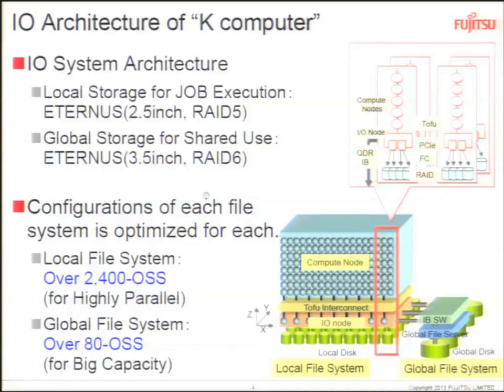The configuration of each file system is optimized for its purpose. For the local file system, there are over 2,400 OSSs for high parallelism. And for the global file system, there are a small number, over 80 servers, for big capacity.